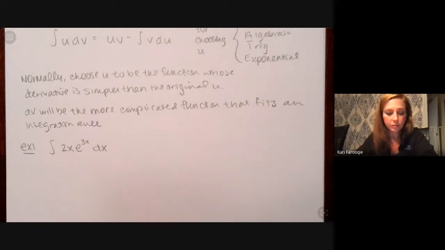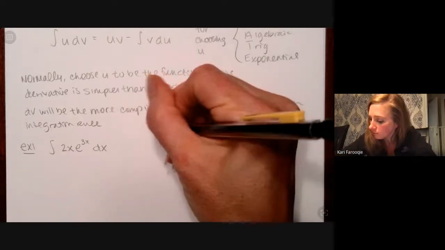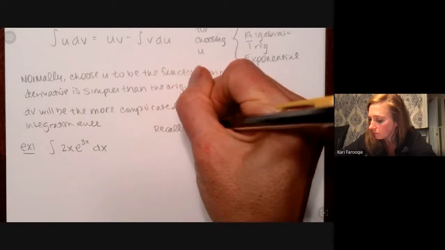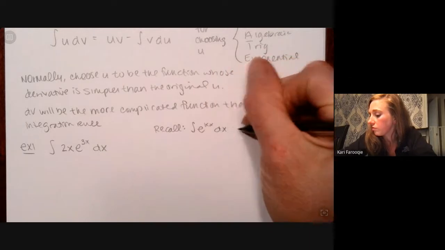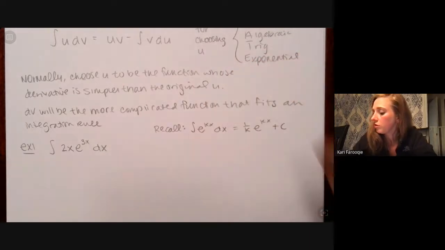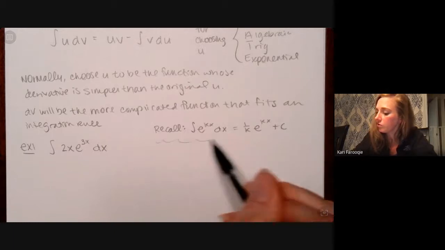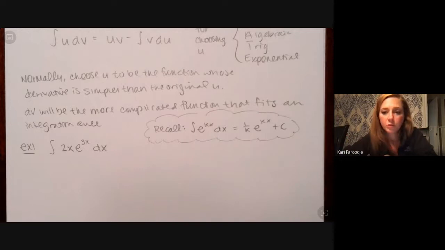We're going to be using that 1 over k e to the kx formula a lot, so I'm going to remind you of that right now as a side note. The integral of e to the kx dx is 1 over k e to the kx plus c. We're going to be using this throughout because we're going to be dealing with a lot of exponential functions that have some value of k that's not equal to 1.